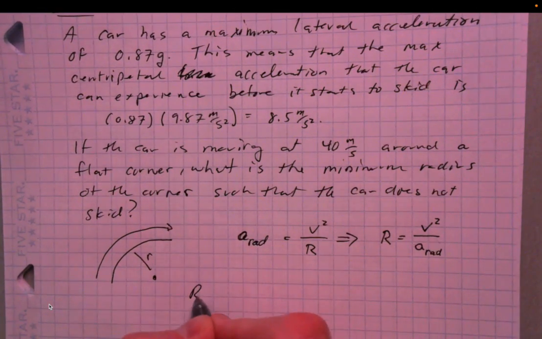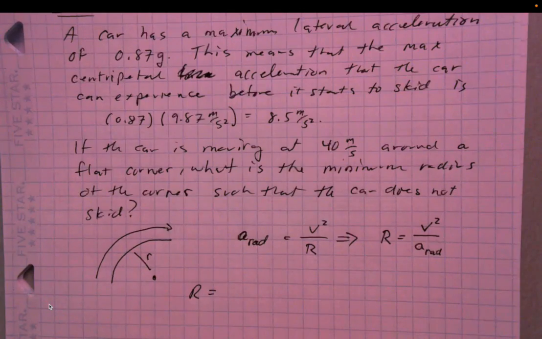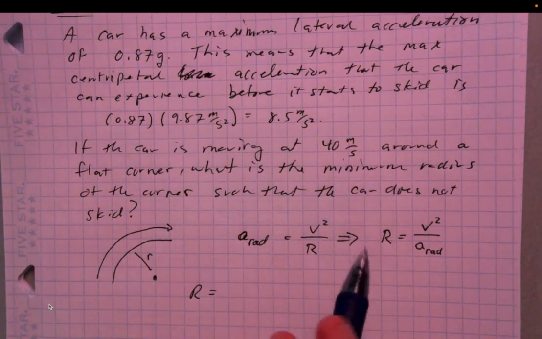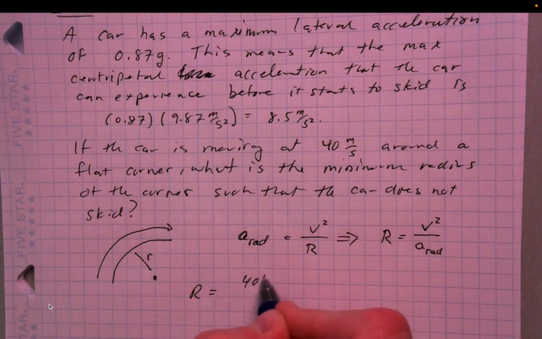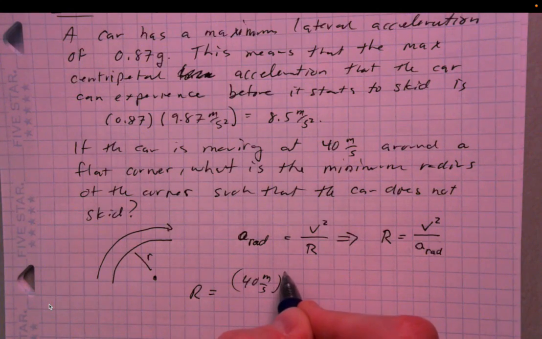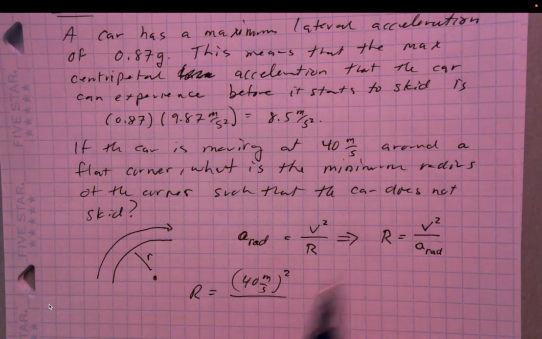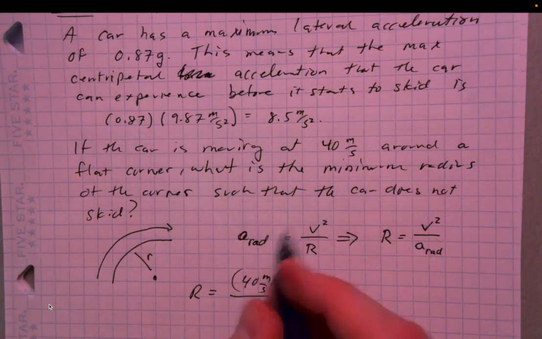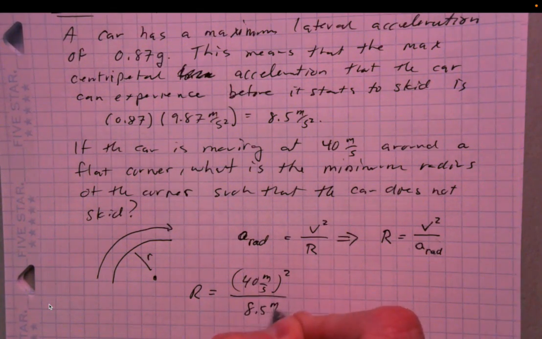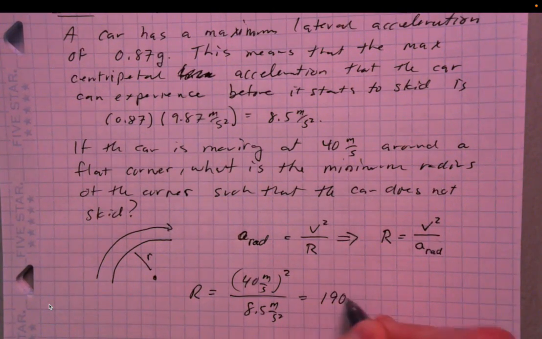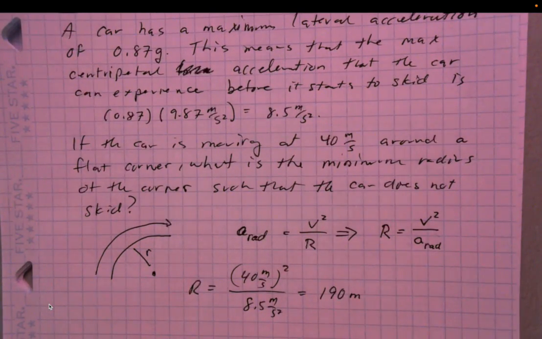Right, and so that means the minimum radius that the car can endure, given 40 meters per second as the velocity, and given a lateral acceleration that translates into a max centripetal acceleration of 8.5 meters per second squared, is about 190 meters. Okay.